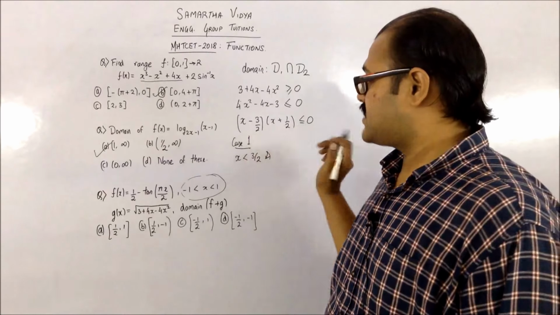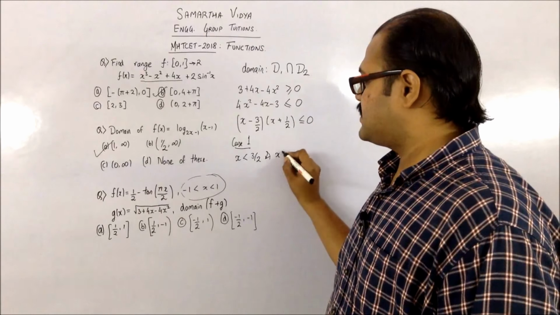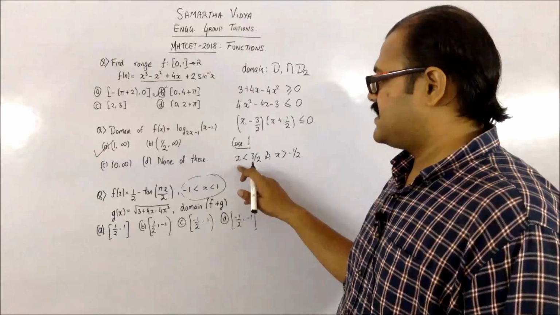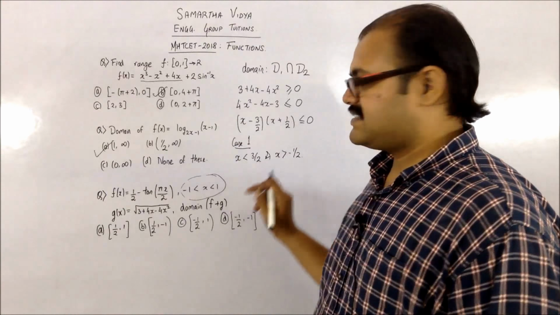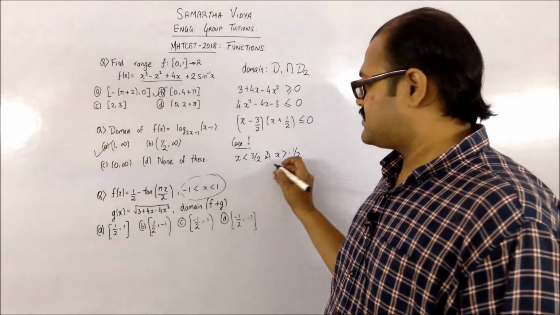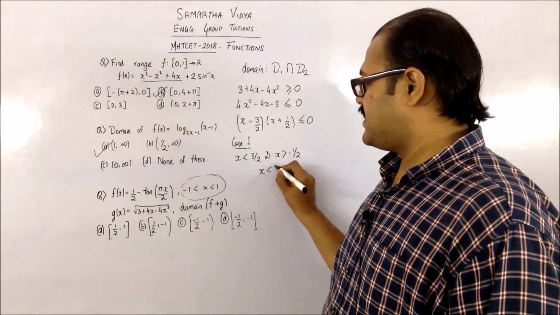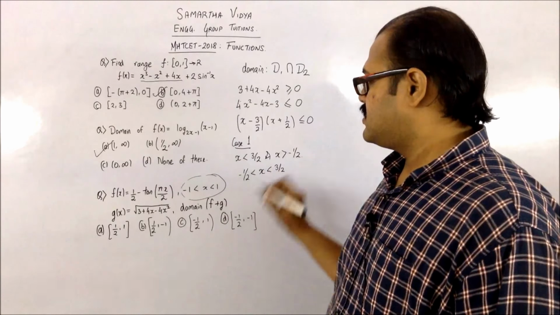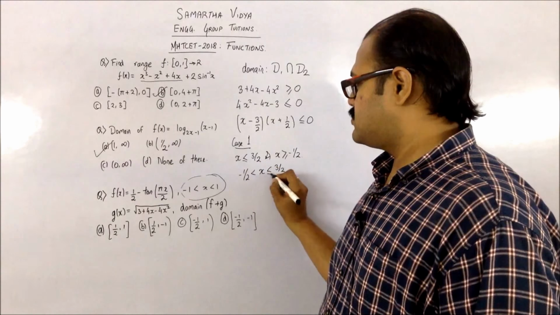If this is negative, this has to be positive. That means that x should be greater than minus half. You are getting x less than 3 by 2 and x greater than minus half. So basically my x value is going to be lying between 3 by 2 and minus half, or basically it can be equal to it also.